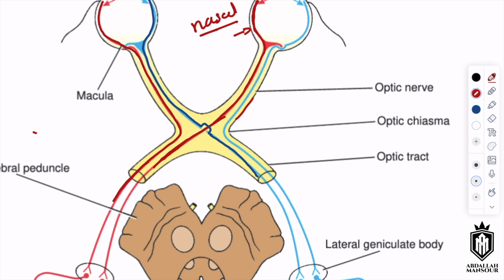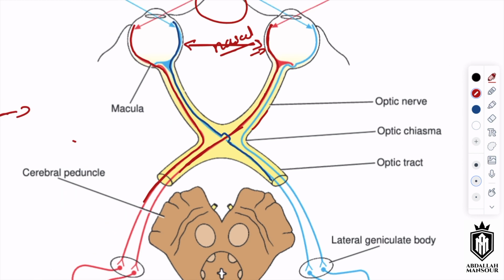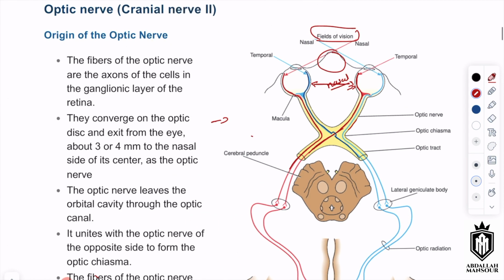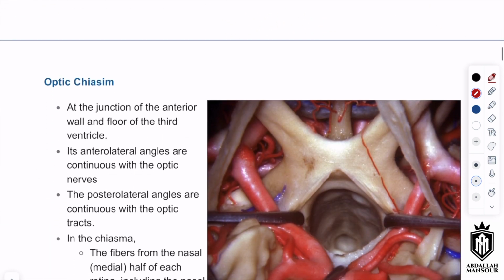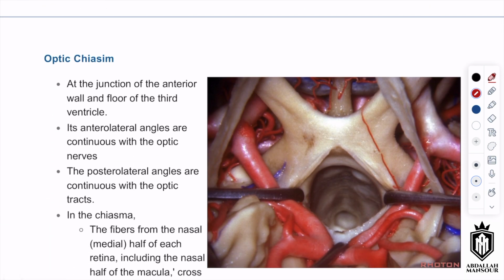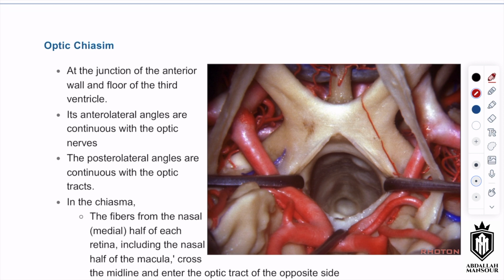That's particularly important to identify which side of the vision will be affected later on. So we're going to talk about the lesions later, but it is particularly important to know now that the fibers on both nasal sides will cross to the opposite side. Very good. So talking about the optic chiasm, it's the union between the two optic nerves on both sides.